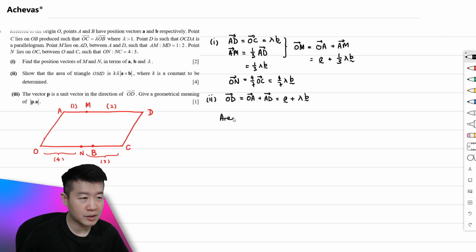So the area that we are talking about is going to be half of the modulus of OM cross OD, which is half of the modulus of OM, that will be A plus 1 over 3 lambda B, cross OD, which is A plus lambda B.